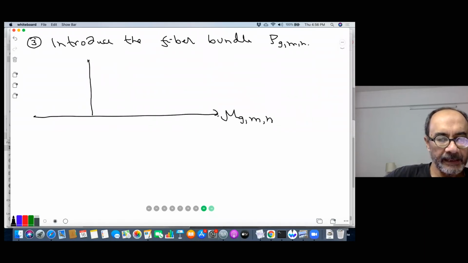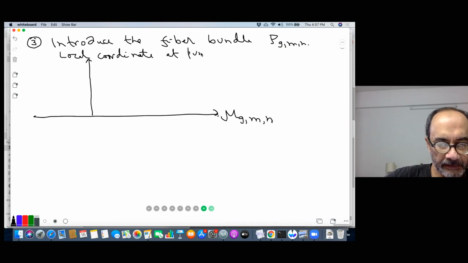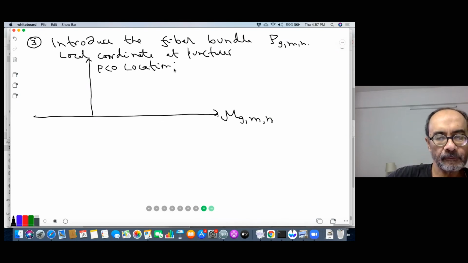Earlier there is local coordinate information at punctures. The additional information that we will include here is the PCO locations. So these will be part of the fiber coordinate.